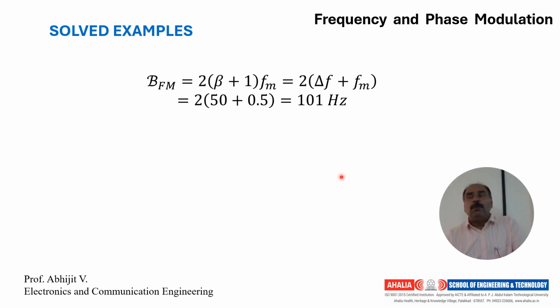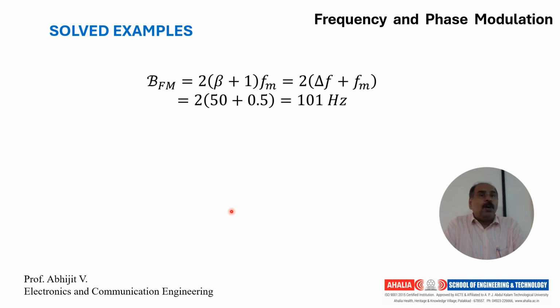So the bandwidth is 101 kilohertz. Very simple direct question. Frequency deviation is given. Modulating frequency is given. You need to find out the bandwidth. All of you understood?